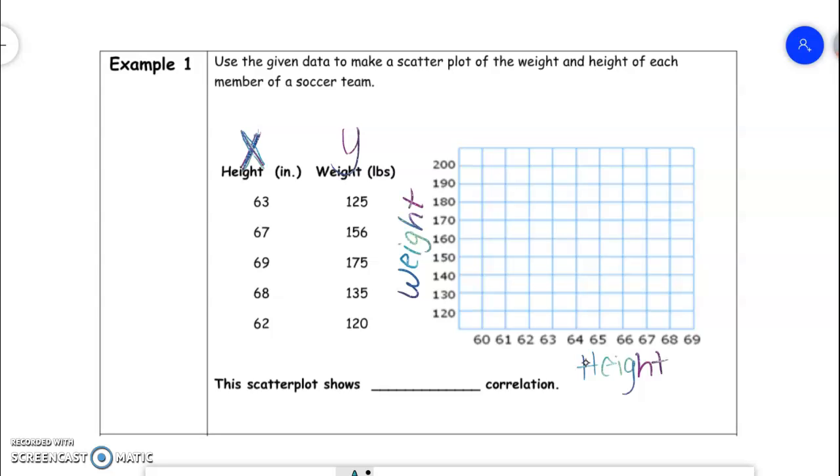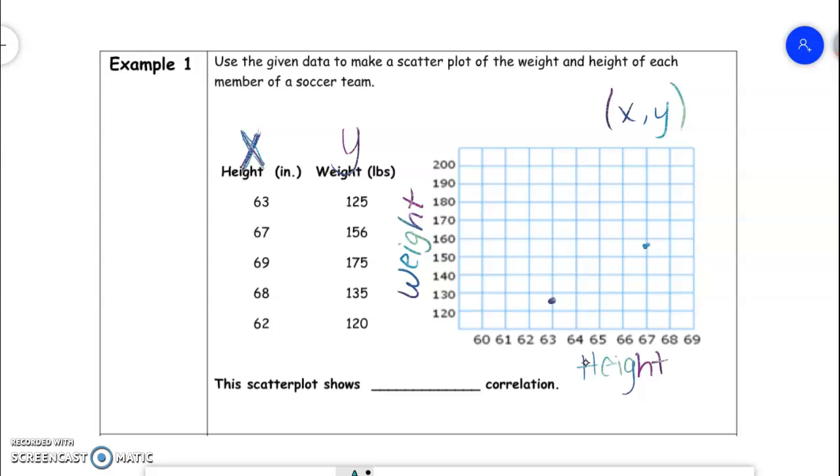Okay, so now I'm going to plot my points. Remember, your points go in a coordinate pair of x comma y. First I'm going to go 63 and then to 125. So 63 and 125 will be right in the middle. So I'm going to plot my point there. Then I have 67 and 156. So that's going to be a little over halfway.